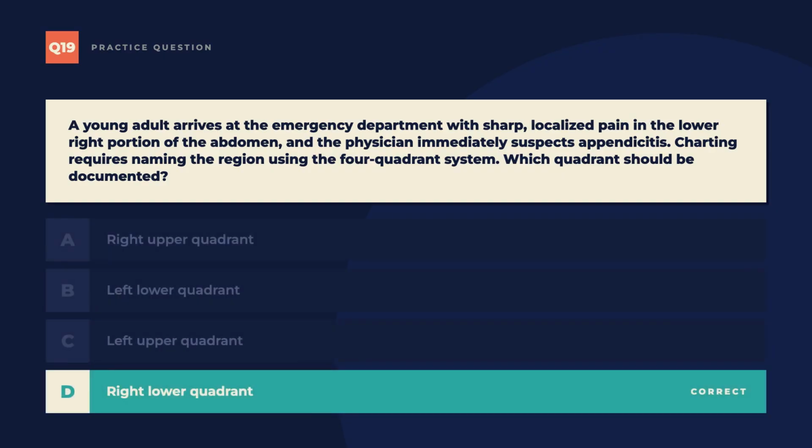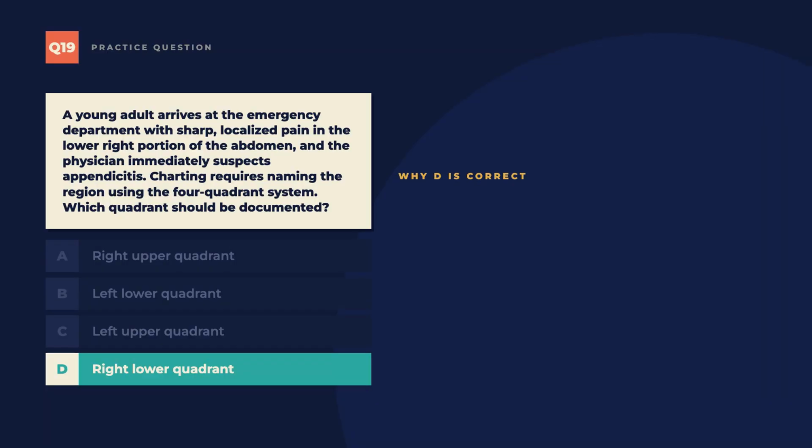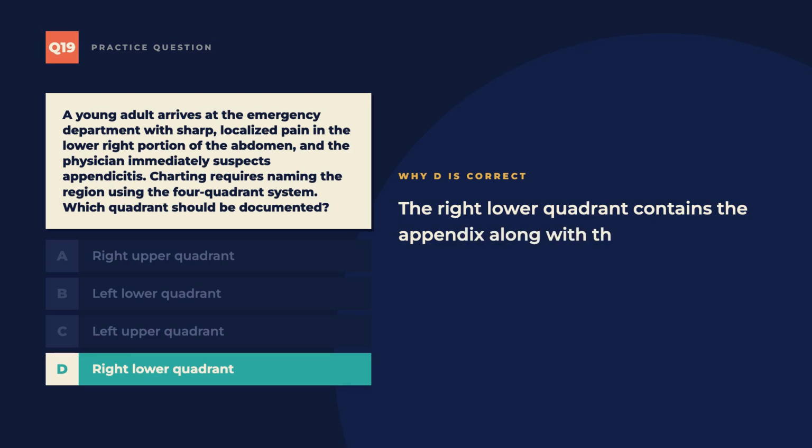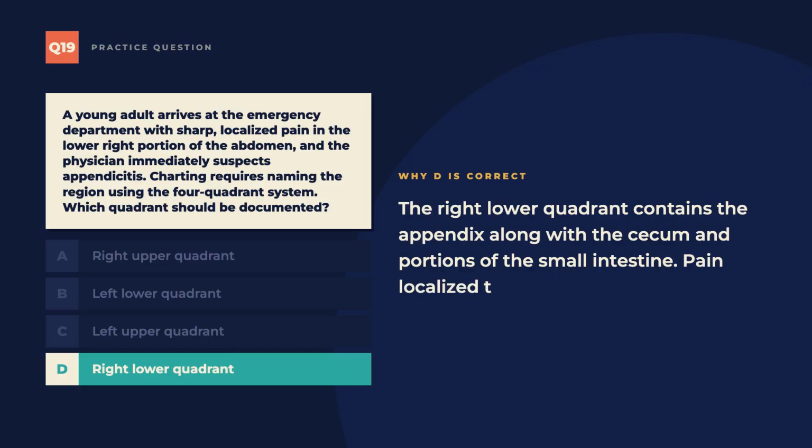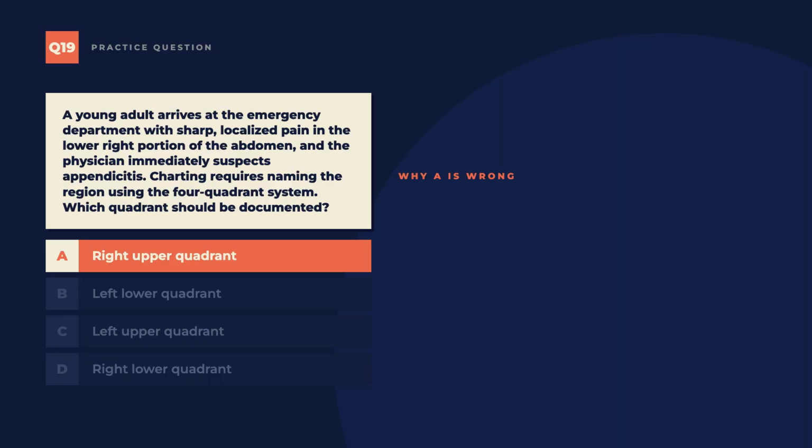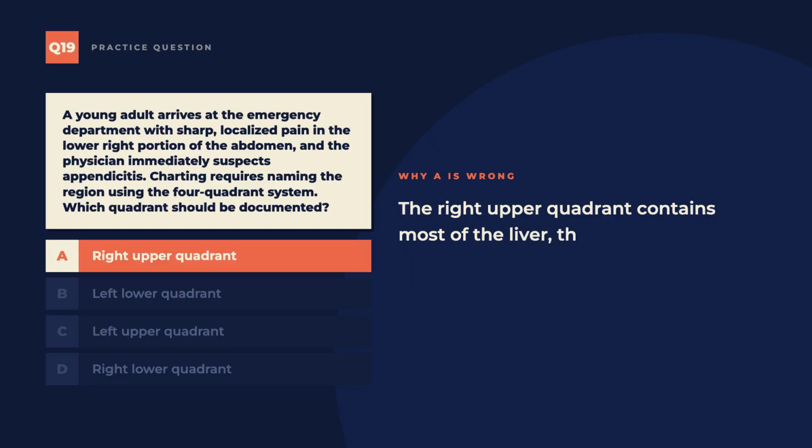The correct answer is D. Right lower quadrant. D is correct because the right lower quadrant contains the appendix along with the cecum and portions of the small intestine. Pain localized there is the classic presentation of appendicitis. A is wrong because the right upper quadrant contains most of the liver, the gallbladder, and part of the stomach.